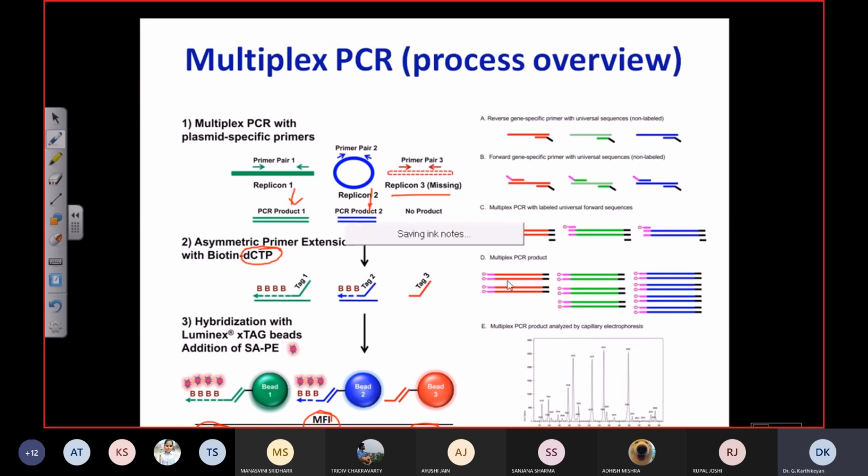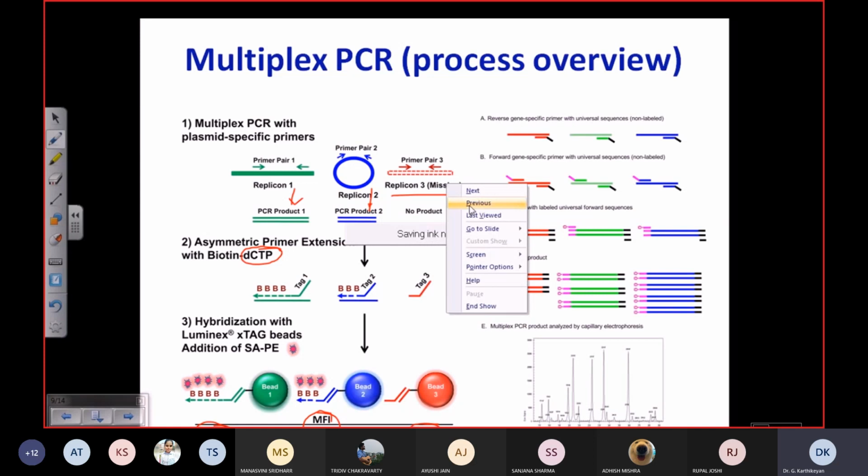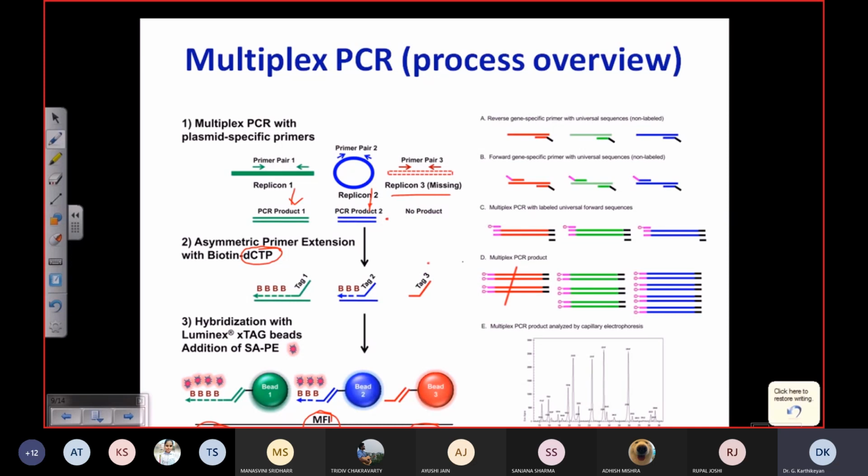For example, say this one is the expression level of amplicon one, which is less, and the second one is more, and the third one is much more.